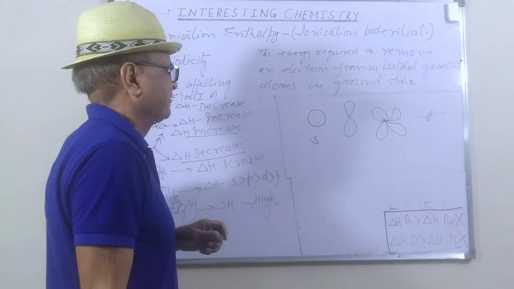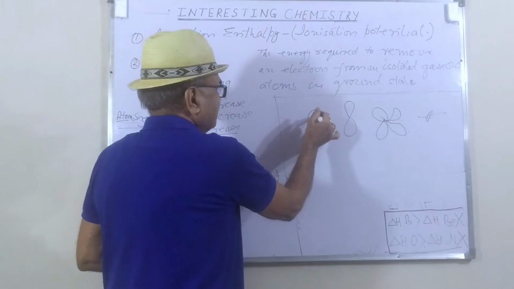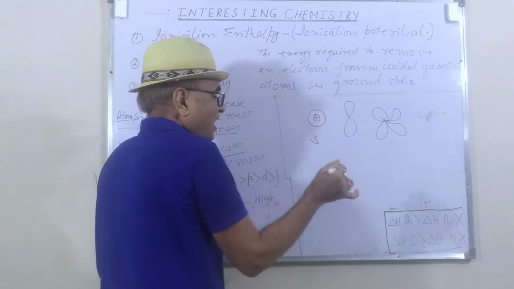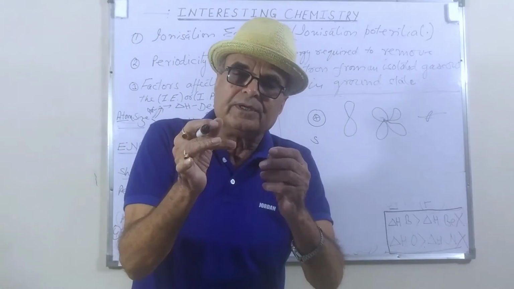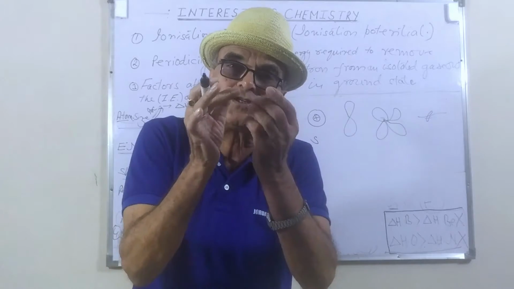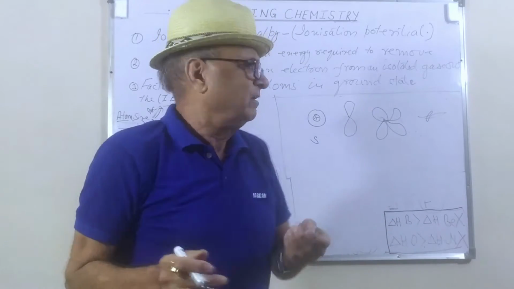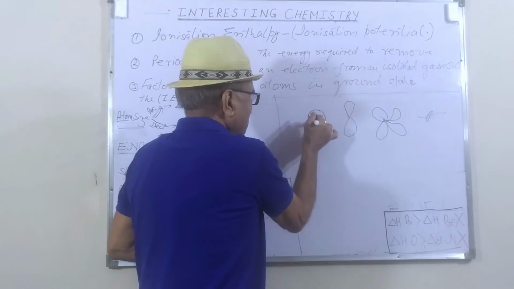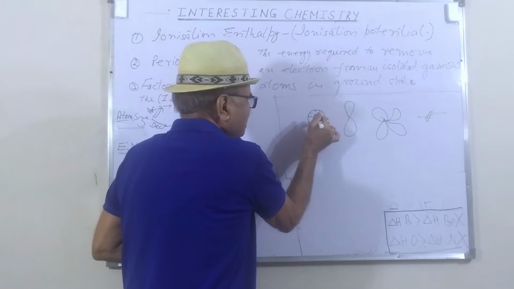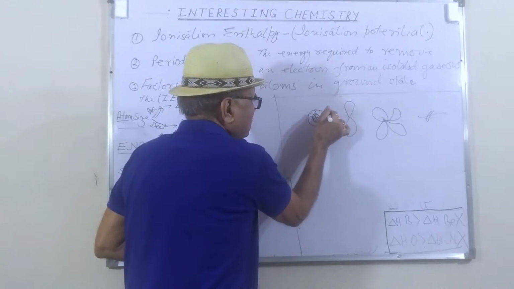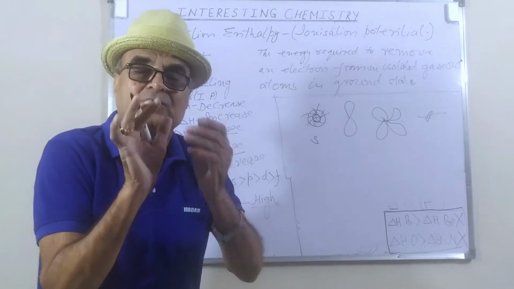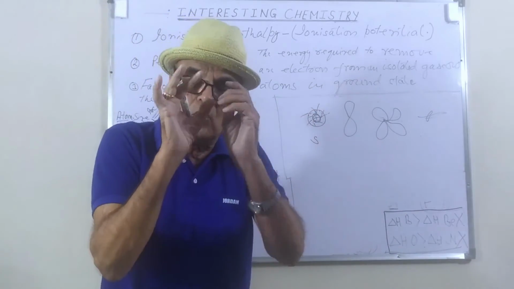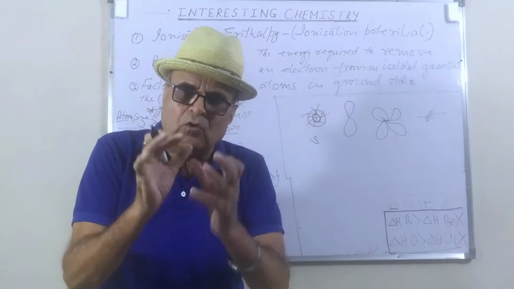Let's see. The electron cloud revolving in the S orbital is symmetrical, so the attraction of the nucleus to this electron cloud is more than any other. It will attract with more force, with more power.